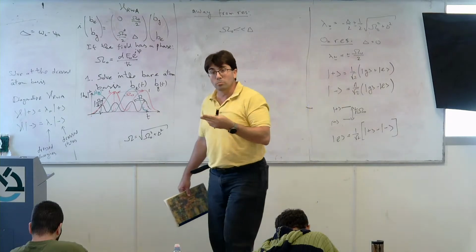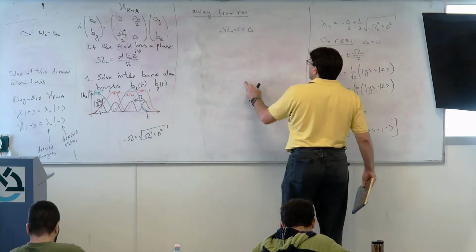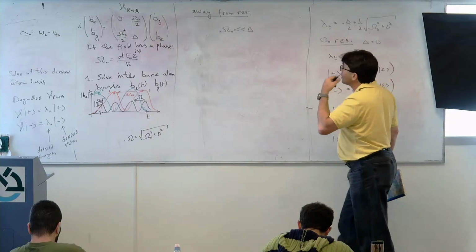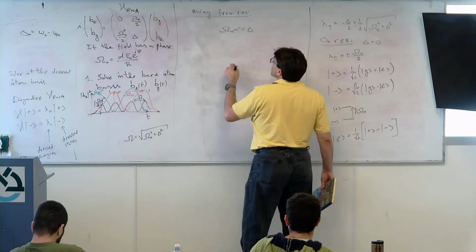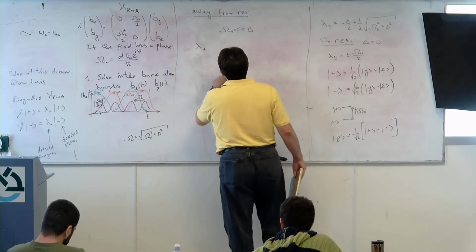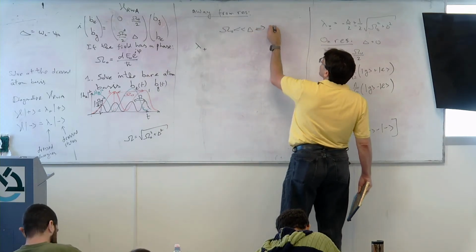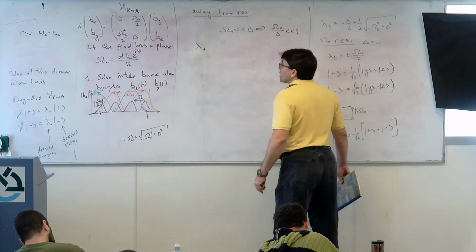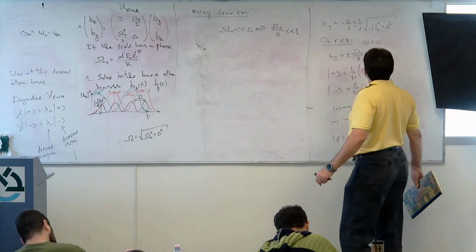You cannot assume it to be zero. So under this assumption, omega 0 divided by delta is much less than 1, so I can expand it using this parameter for expansion.